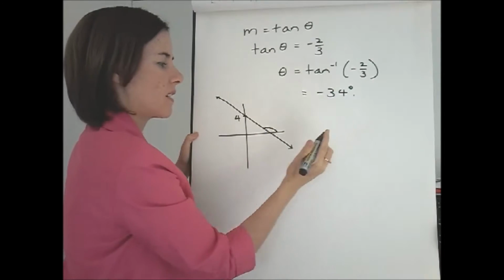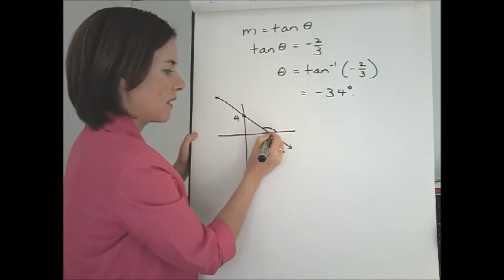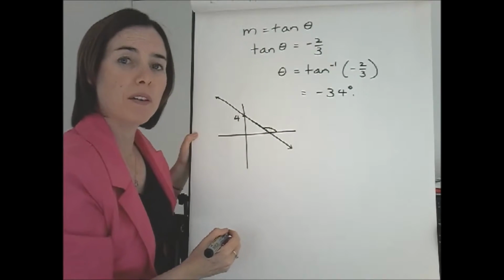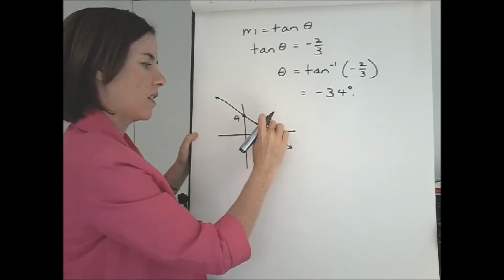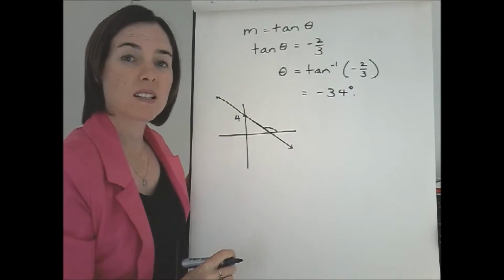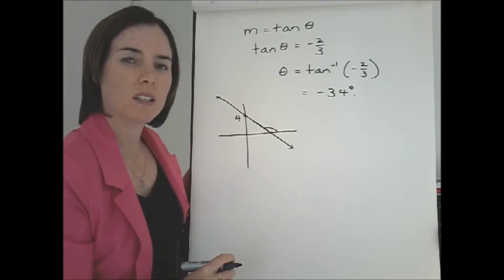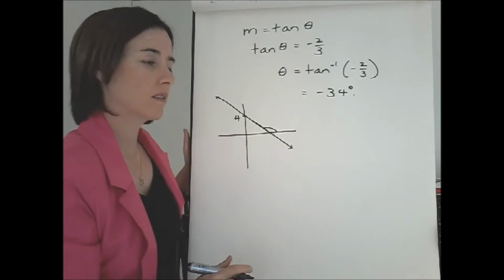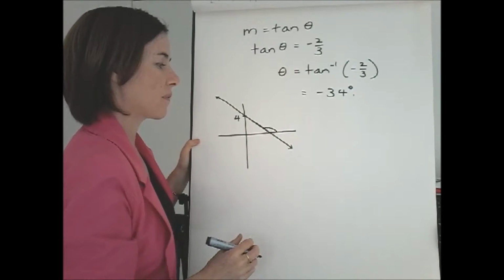Positive direction of the x-axis is going there, so there, and the line, and it's always the angle above the x-axis. So that's it, and it definitely makes no sense to say that that's a negative angle. What it is, is an obtuse angle. It's bigger than 90 degrees.